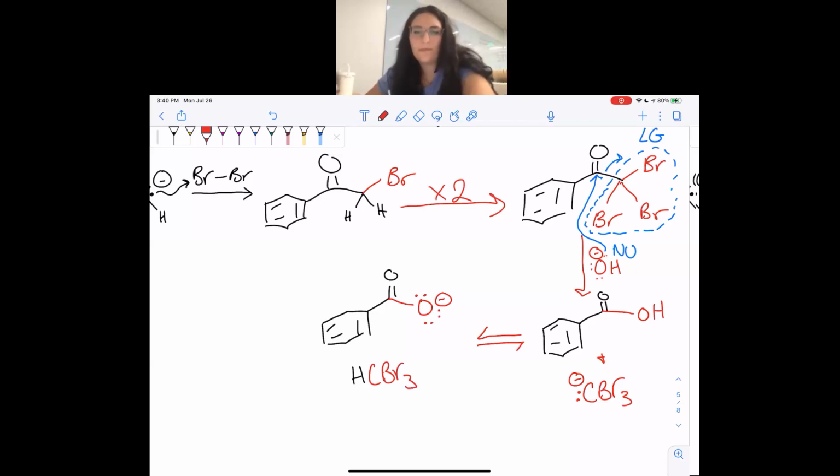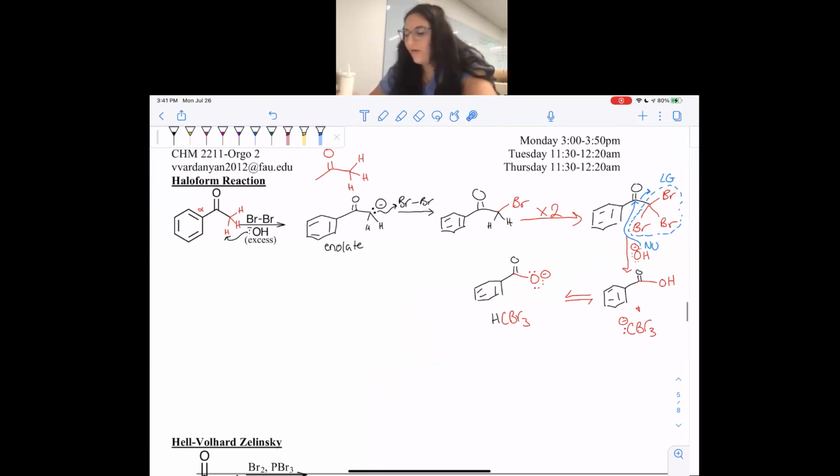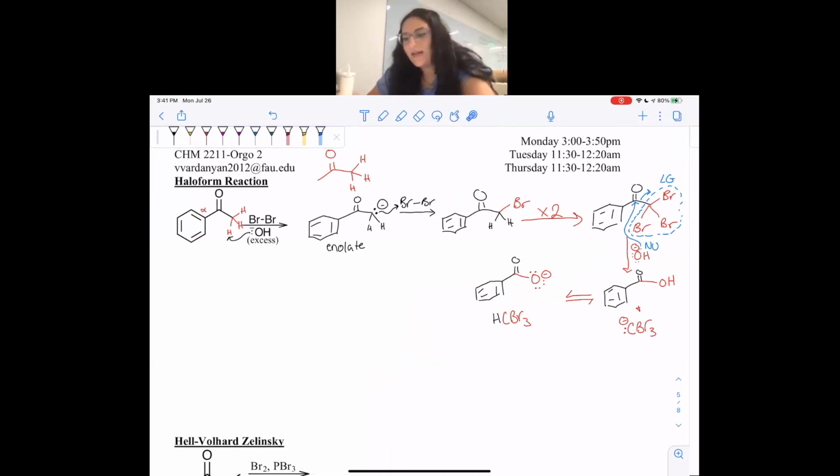So either of these could be the correct answer. If you see an O- in the answer choice, don't freak out. These two are pretty much exactly the same thing. All he's trying to tell you is that sometimes this negative charge will steal the hydrogen, sometimes this oxygen will steal it back, so this is in equilibrium.